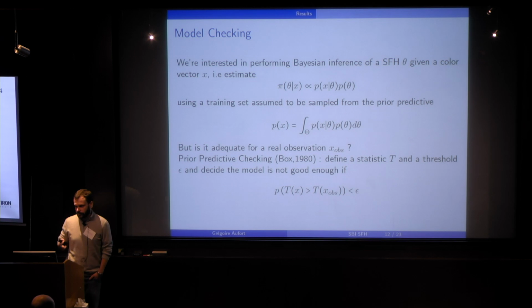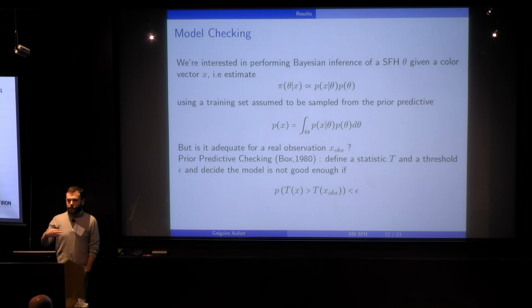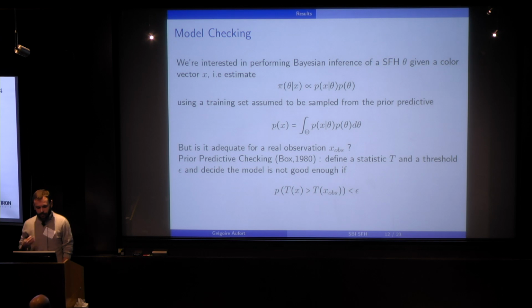So you observe a galaxy X_obs, and you want to know whether you should have used another model, or if this one is fine enough. The idea is quite simple. You define statistics, so a way to measure a distance in that case, and you check that your observed statistic is not too extreme, in the sense of an epsilon, given the prior predictive.